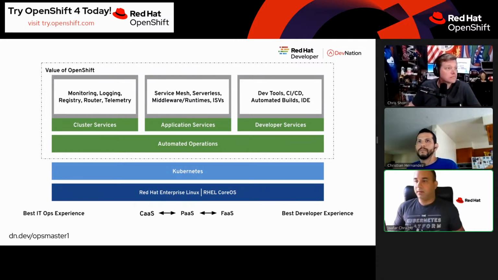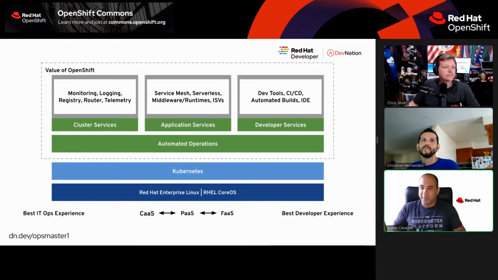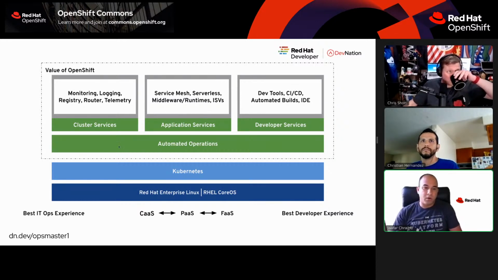As my shirt says, it's a Kubernetes platform for big ideas. By that, we mean that we want to give you a turnkey platform that provides a lot of services that will help you deploy your applications faster, provide a better developer experience, and provide some tooling for operators to view things like logs, have an integrated registry, etc. All of these are the added value services that we provide out of the box with OpenShift.